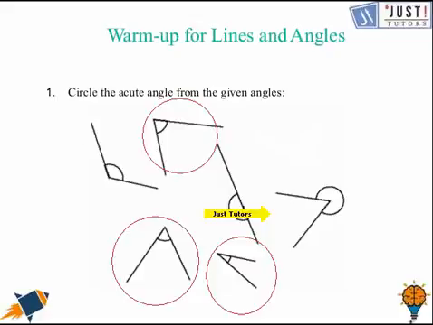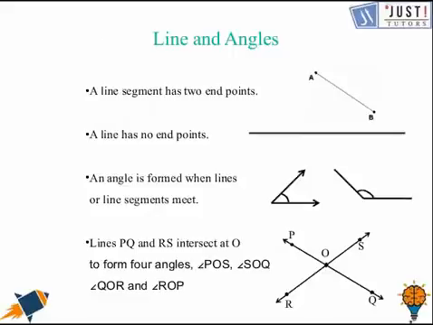It is called a reflex angle. So that is not an acute angle. If your answers match these answers here, pat your back. Well done. Now let's proceed with line segments, angles, and so on.